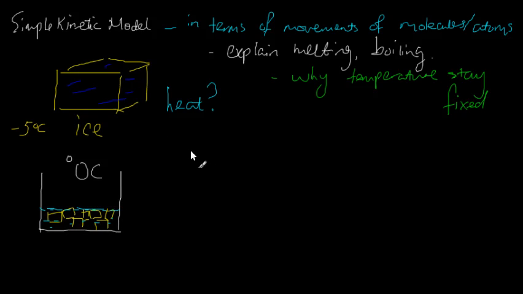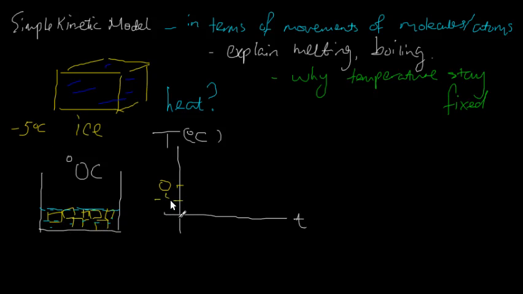So this means that if I imagine plotting a graph of the temperature of ice against, say, time, that's time and that's temperature, in degrees Celsius here, let's say that's 0 degrees Celsius, and let's say I start with a bunch of ice at -5 degrees Celsius.